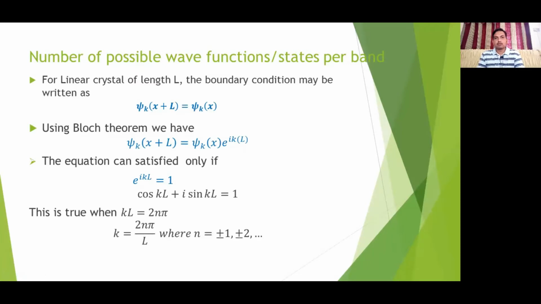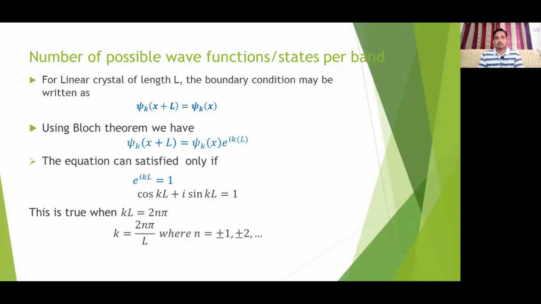And if you apply the Bloch function, then you can write psi k of x plus L is psi k of x times exponential i k L. Comparing these two conditions, this can only be achieved if exponential i k L is equal to 1.